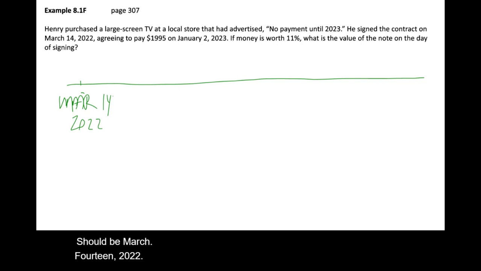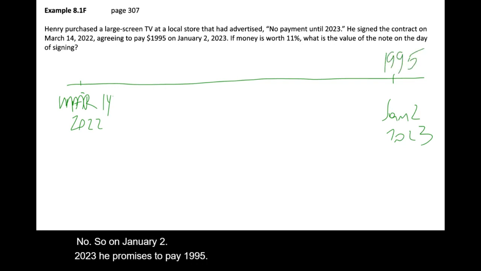Did he pay that day? Guys, no. So on January 2, 2023, he promises to pay $19.95. So what kind of note we have? Interest bearing or non-interest bearing?